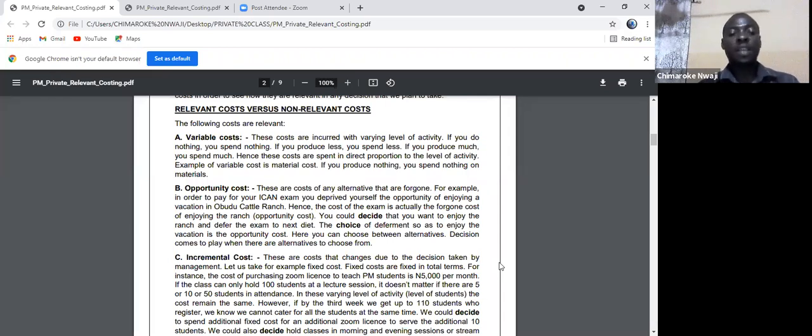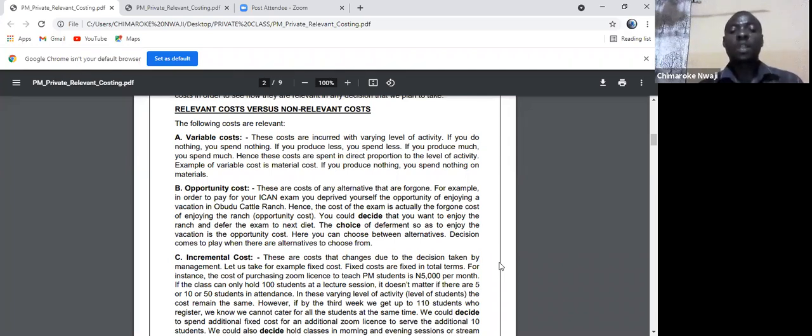So you see here, there is a choice embedded here. You could decide that you want to enjoy the holiday and then defer your exam to next time. It's a choice. The choice of deferment so as to enjoy the vacation is also an opportunity cost.